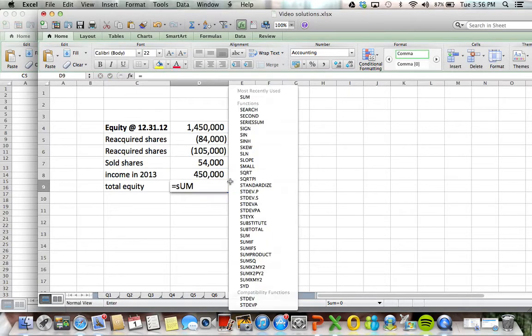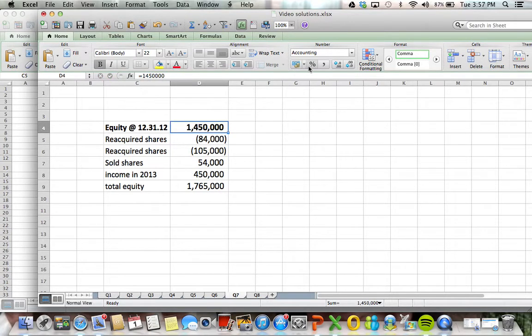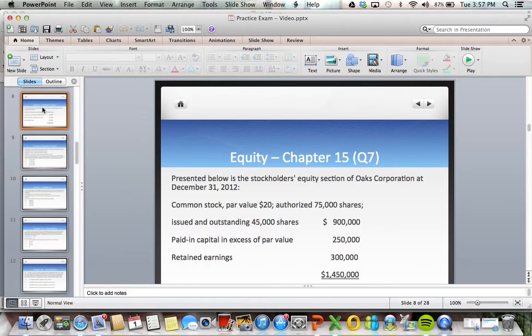So the lesson here is that we're really looking, first of all, at equity starting out. What is equity made of? Equity is comprised of your issued and outstanding shares, which is your common par value, and your paid in capital. This is 250,000 in this case.